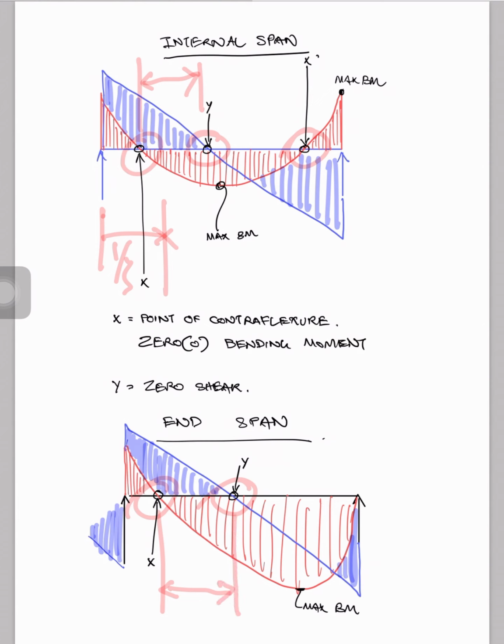Why is it so? Reason is because the bending moment is at 0 here, and shear force is at 0 here, and the maximum bending moment would fall outside in a way.